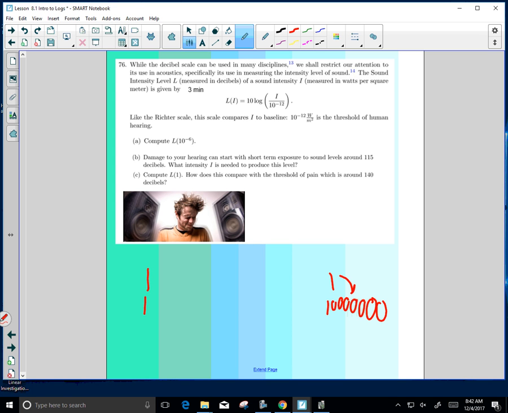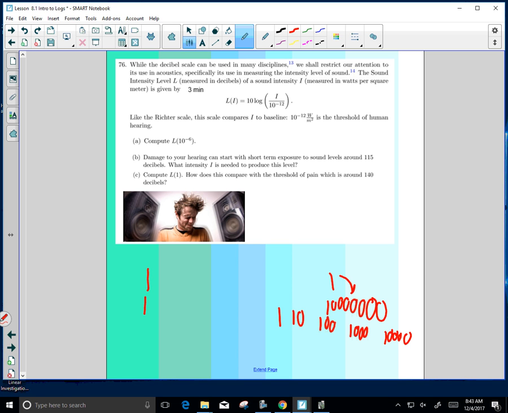Well, how do you look at that? 1 to 10 billion is too much. It's too big. So instead of going 1 to 10 billion, we look at 1, 10, 100, 1,000, 10,000.